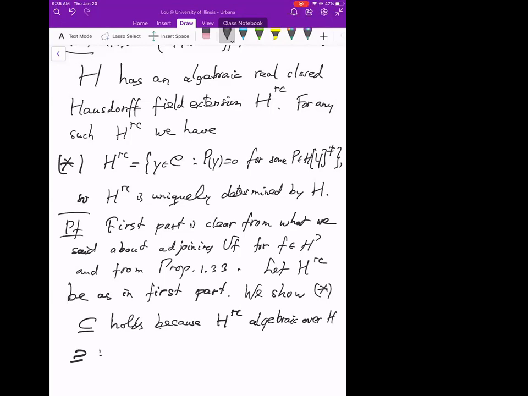And the other direction: HRC is real closed, and that means that, let y in HRC, say p(y) is 0, and then it must be algebraic.